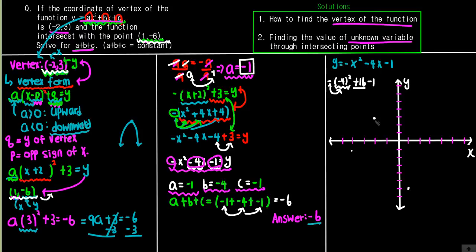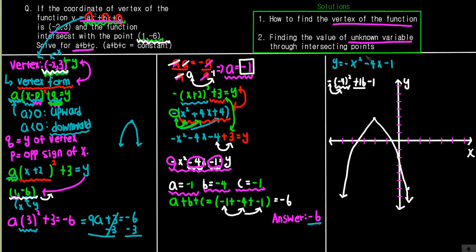So we can make an approximate graph of our function. If we try it, it will look something like this. It is just an approximation, and this function will pass through the points that we figured out.